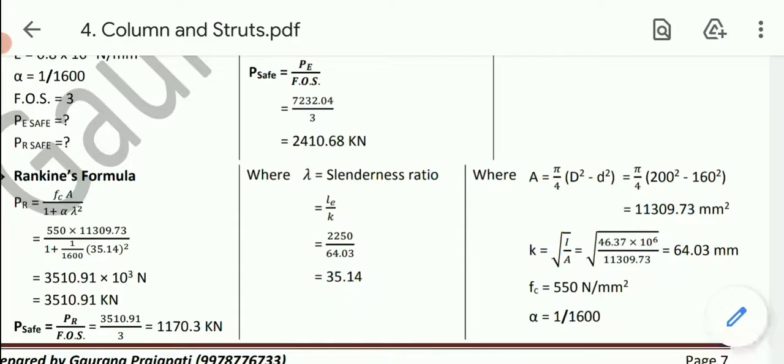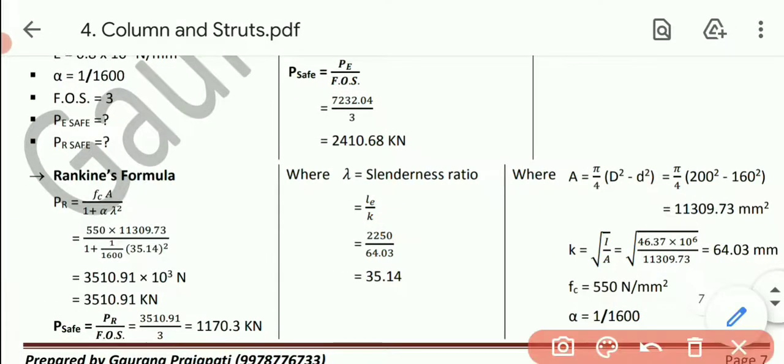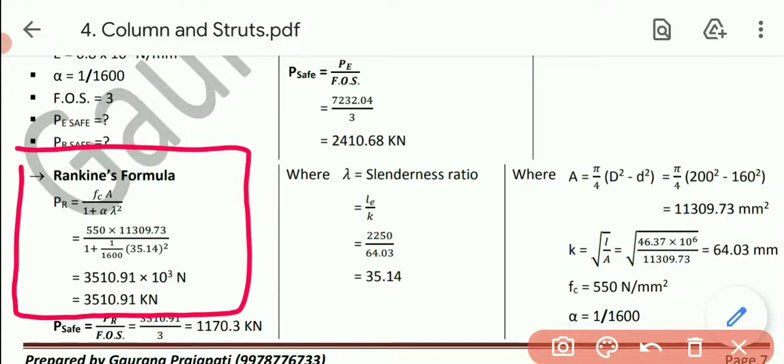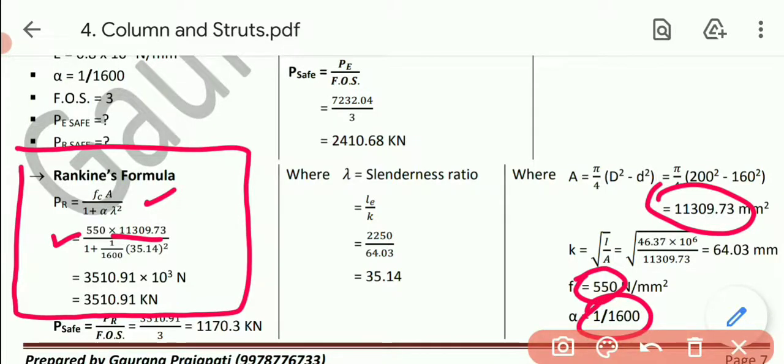Now let's calculate Rankine's formula. First of all, the formula is FC into area divided by 1 plus alpha into lambda square. FC is given to us as 550. So 550 into area, that is 11309.73, divided by 1 plus alpha, that is 1 divided by 1600, into lambda, that is 35.14 square.